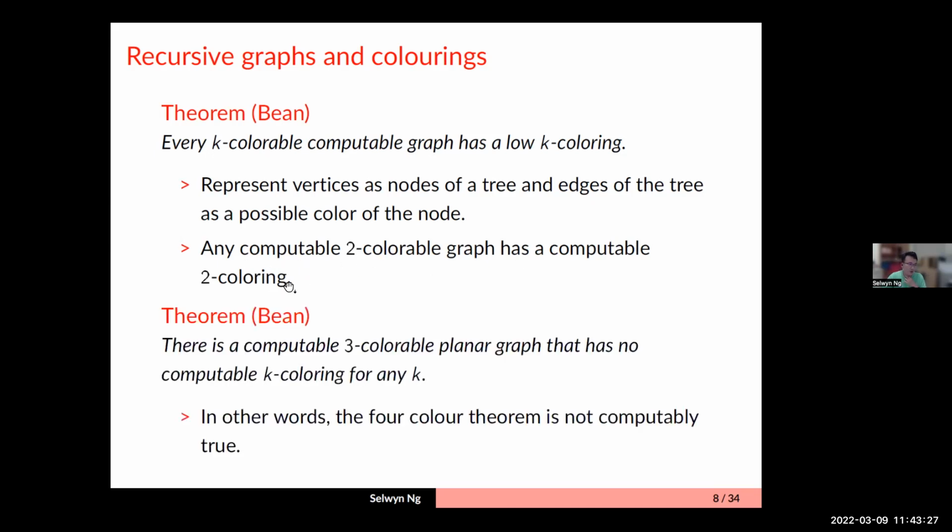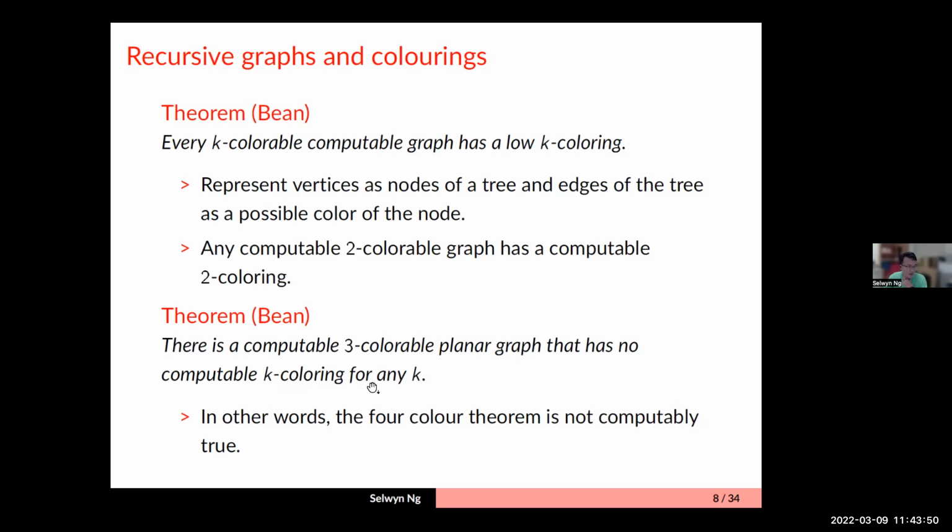But what he also showed was that the theorem was not computably true for k larger than 2. So there is a computable 3-colorable graph, which was also planar, and it has the property that not only is it not computably 3-colorable, but it's not computably colorable in any number of colors.